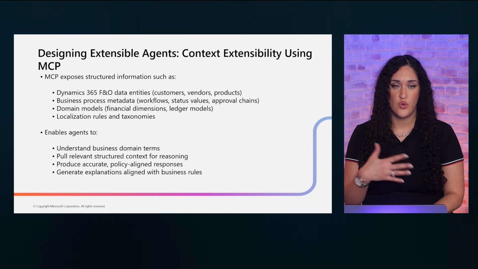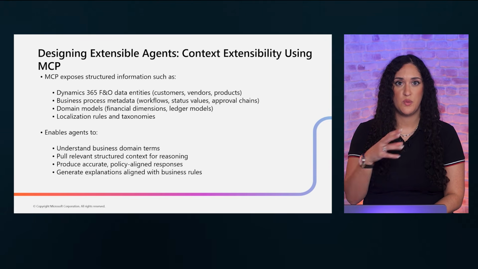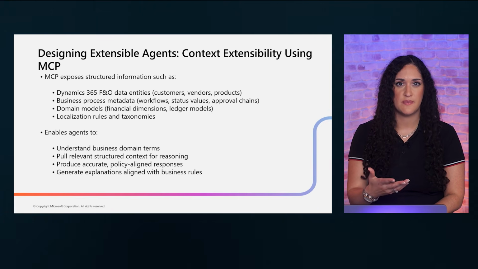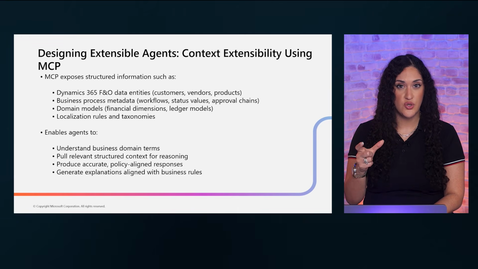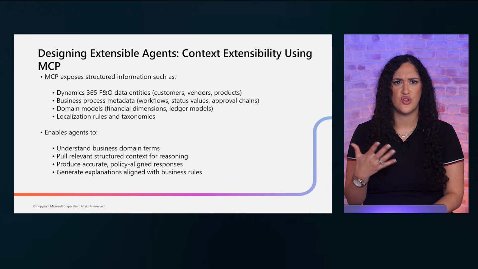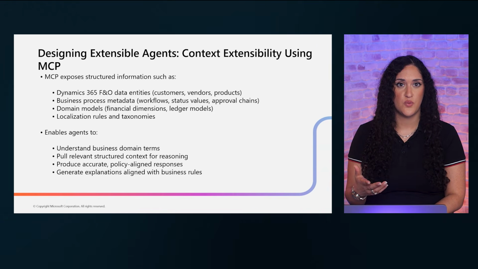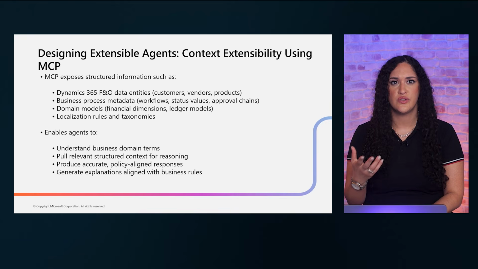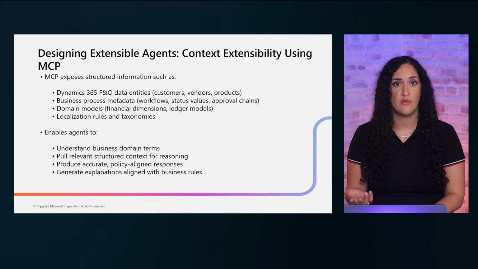Context extensibility through MCP is where agents become intelligent about your business. MCP exposes structured information, Dynamics 365 data entities like customers, vendors, and products, business process metadata, including workflows and approval chains, or domain models like financial dimensions, and also localization rules.